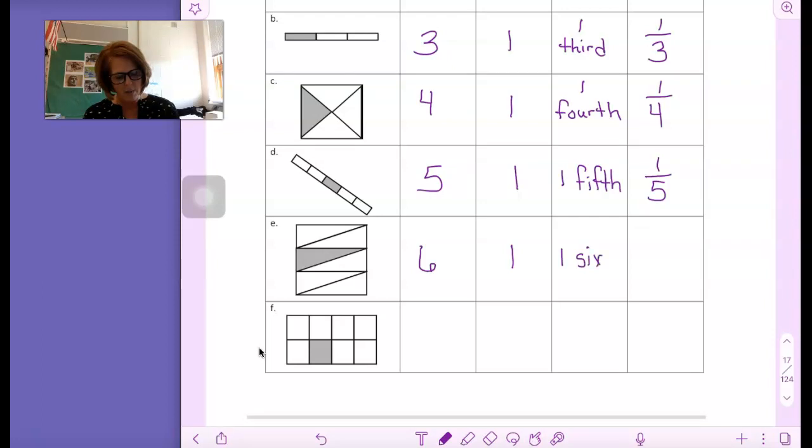You should say it with me or say it after me to practice that sixth, getting that TH on the end. And then we write it as 1/6. Next, we have 8 equal parts. 1, 2, 3, 4, 5, 6, 7, 8. 1 is shaded, so we say 1/8. And we write it like that.